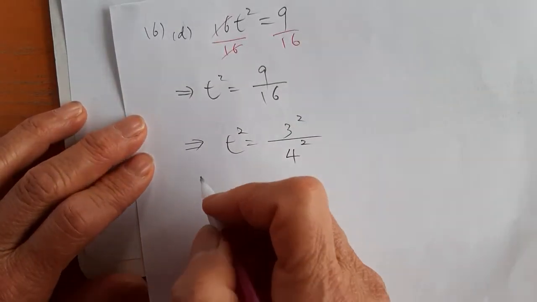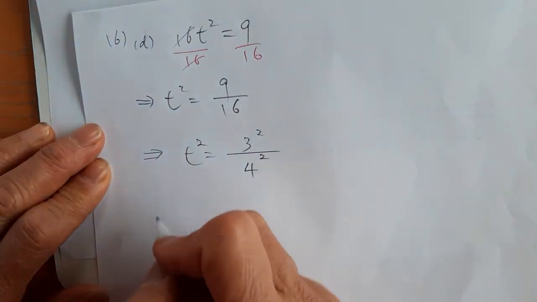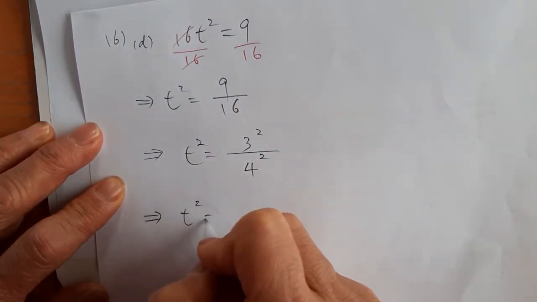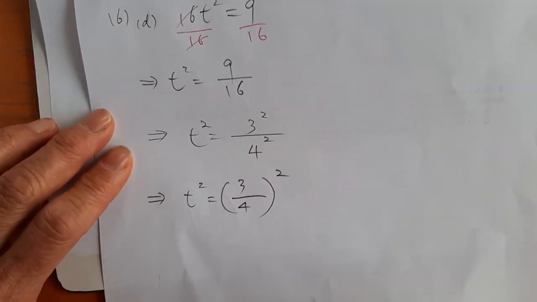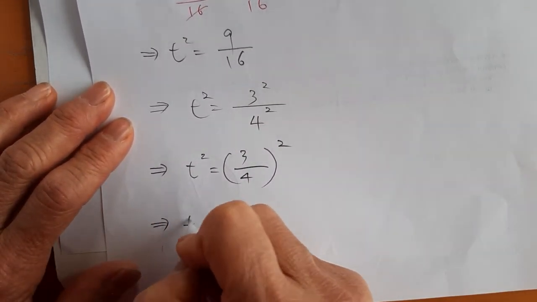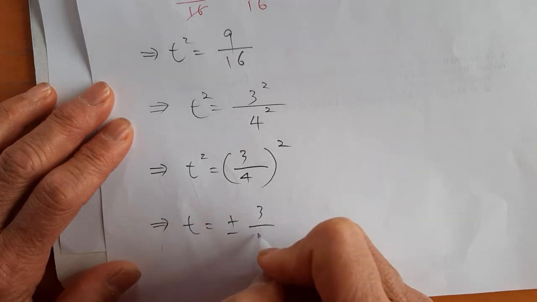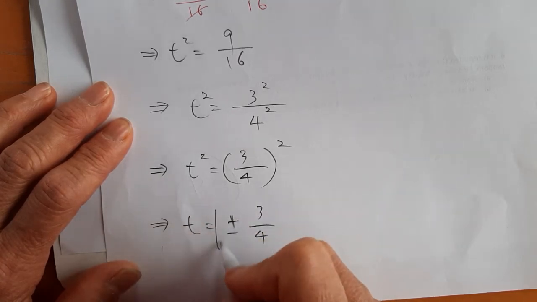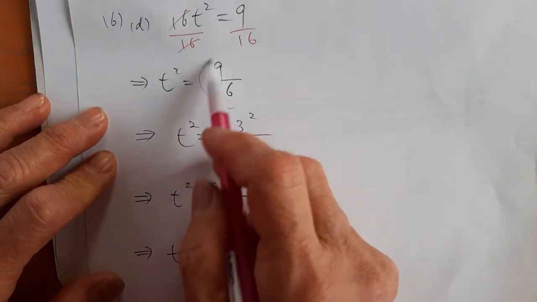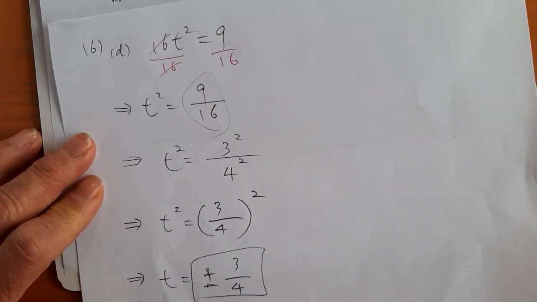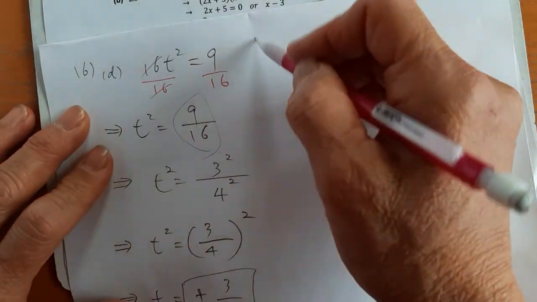So you get t squared equals 3 over 4 squared. So t can be what? Either positive 3/4 or negative 3/4, because the negative squared is still 9 over 16. So you can do it this way.